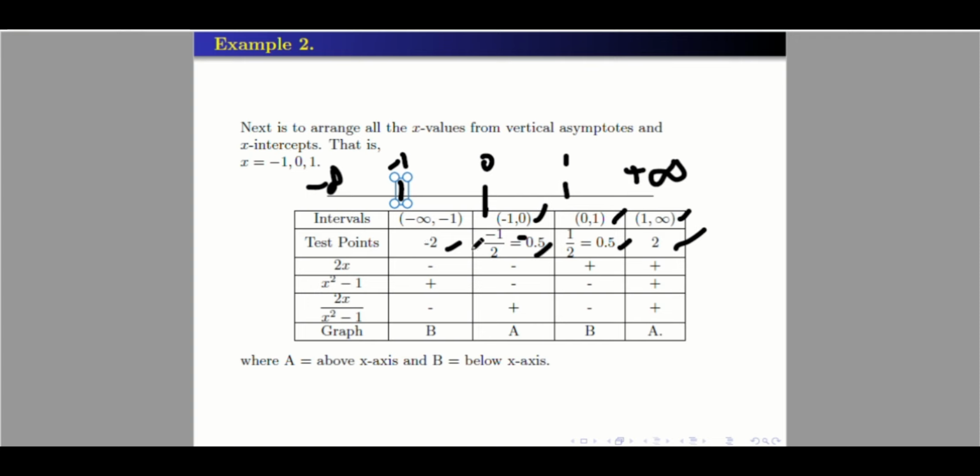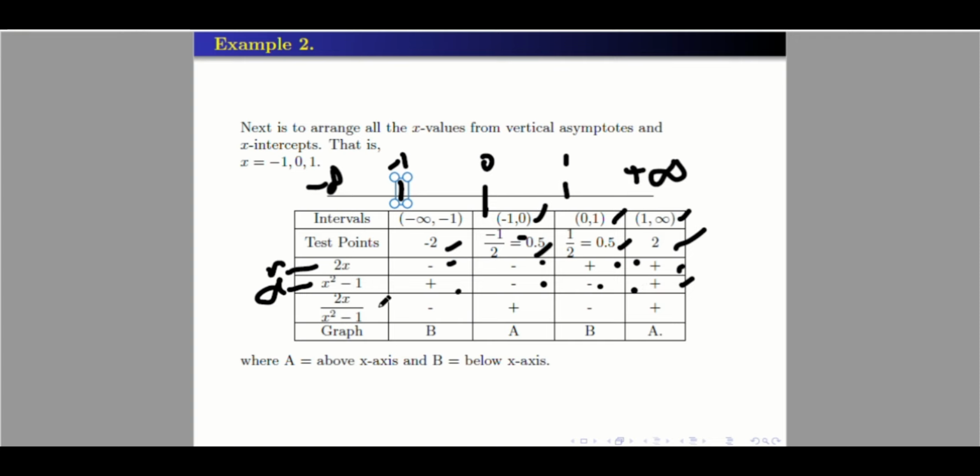Okay, so substituting these values to our numerator and denominator, we will have these signs here. So the signs are already provided. So we have negative, negative, negative, positive, positive, positive, negative, negative, positive.